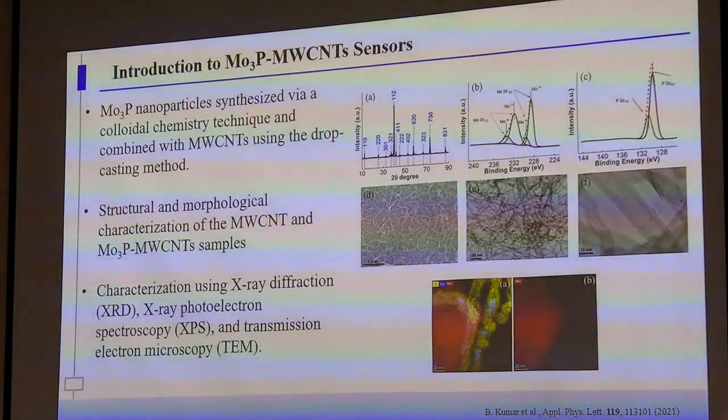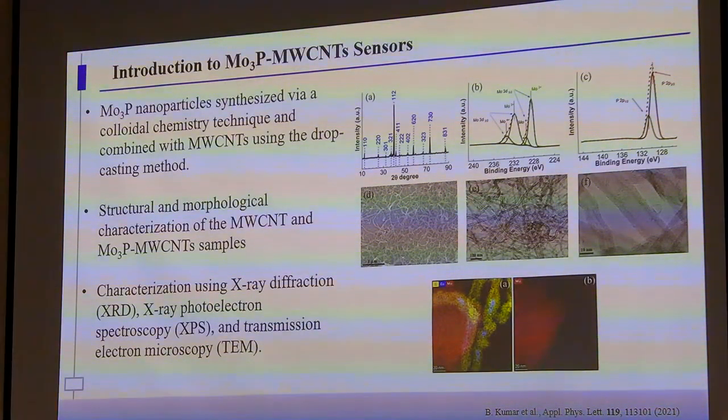In another case, rather than this organic molecule, you can mix carbon nanotube with some conductive particle. For example, this is just one example, where we are mixing carbon nanotube with MoO3P nanoparticle. And these MoO3P nanoparticles have a very good catalytic activity, for example, for hydrogen.